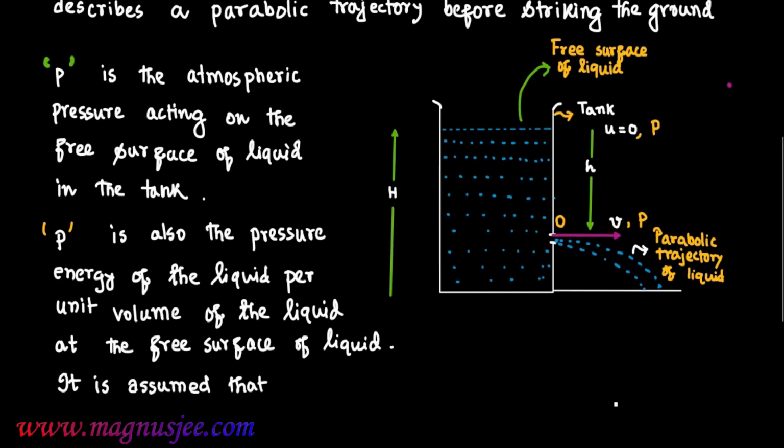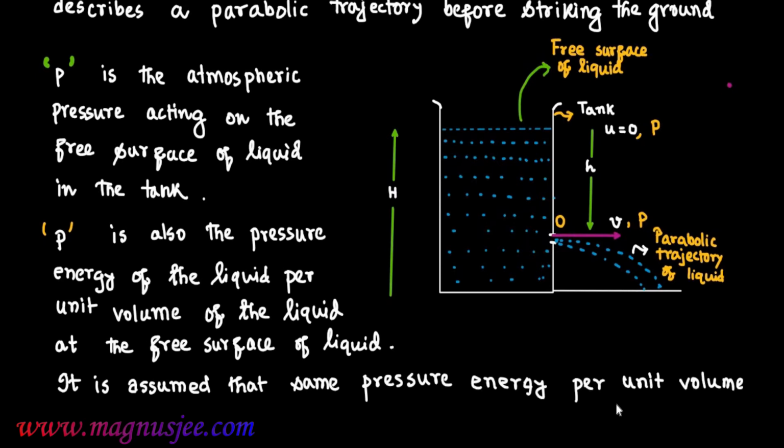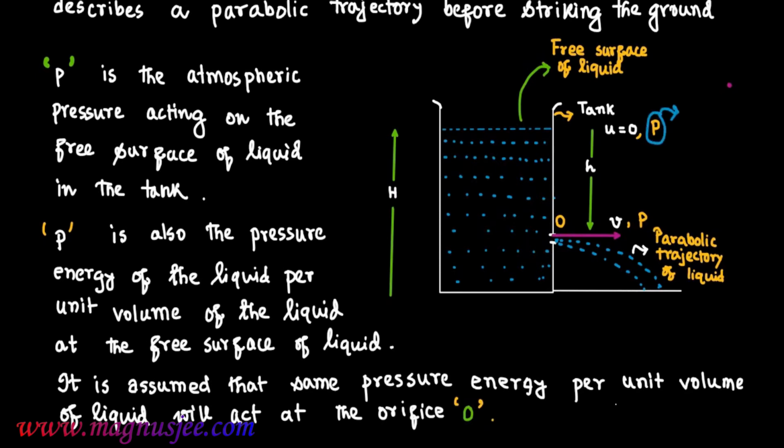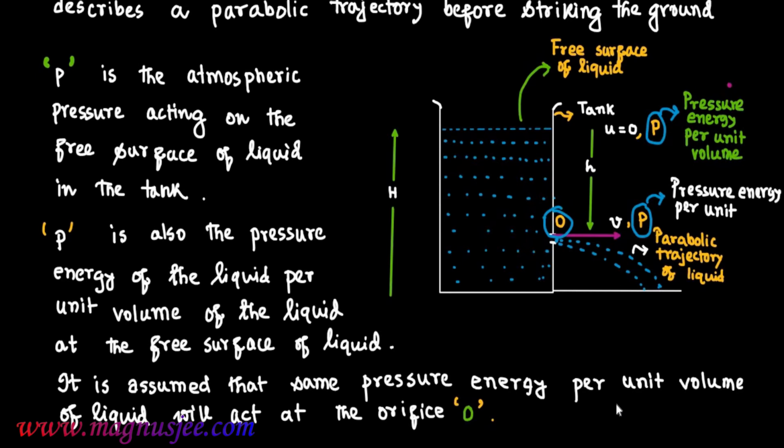It is assumed that the same pressure energy per unit volume of liquid will act at the orifice O. That means P is the pressure energy per unit volume acting at the free surface, and similarly P is also the pressure energy per unit volume acting at the orifice O.